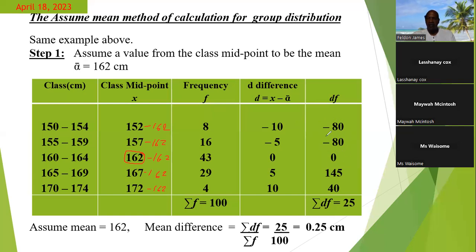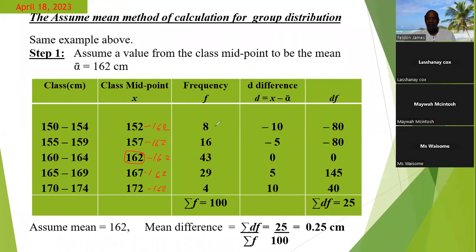And once you have made a mistake, you're going to throw off your answer, right? So the rationale behind using the assumed mean value is that you will have smaller numbers to work with when you're actually calculating. All right, so here now, we are just going to multiply our frequency times our mean difference.